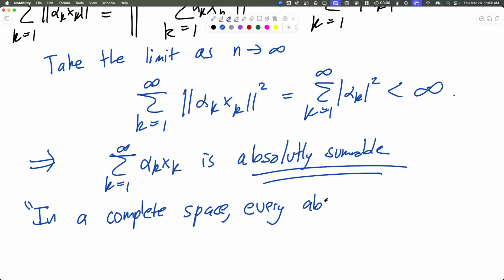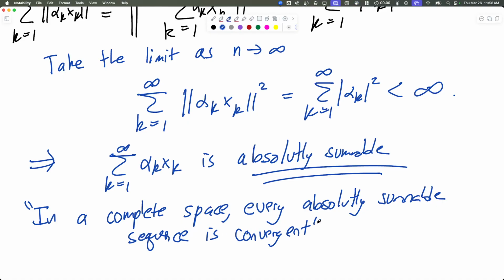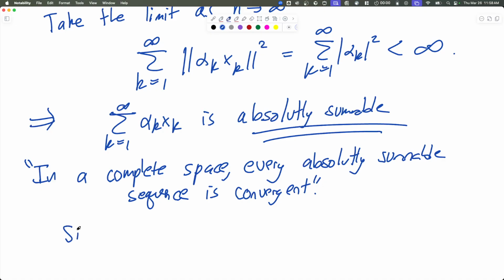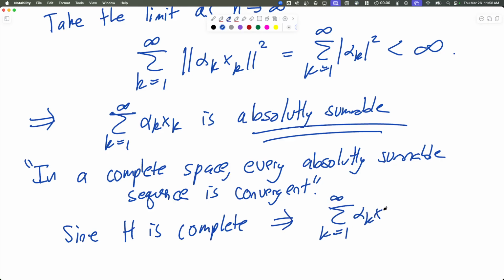So if it is absolutely summable, like the sequence is here, then it converges to something. And so because we're in a complete space, since H is complete by this fact, therefore, the sum from k equals 1 to infinity of alpha k xk converges. This is the sort of medium length proof.